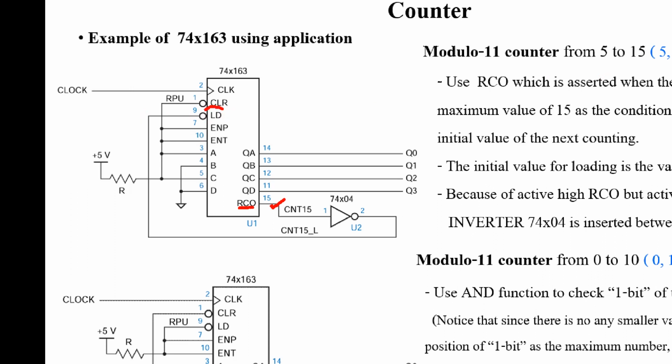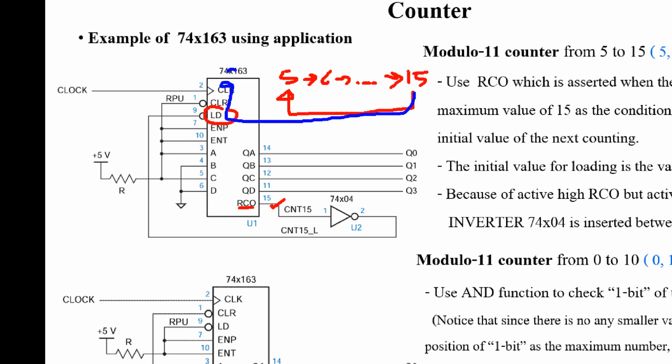Load what? Because I want to count 5, 6 until 15, right? When it is 15 and the clock ticks, you go back to 5 again. If you do nothing, as free running, at 15 you go back to 0, right? But for this example, I want to start at 5.